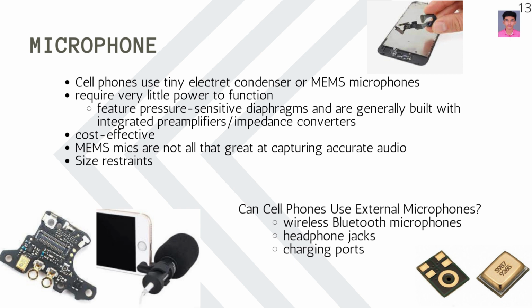These require very little power to function. They feature pressure sensitive diaphragms and are generally built with integrated preamplifiers or impedance converters. It is also a cost effective method, and MEMS mics are not all that great at capturing accurate audio, and these are attached due to size restraints.